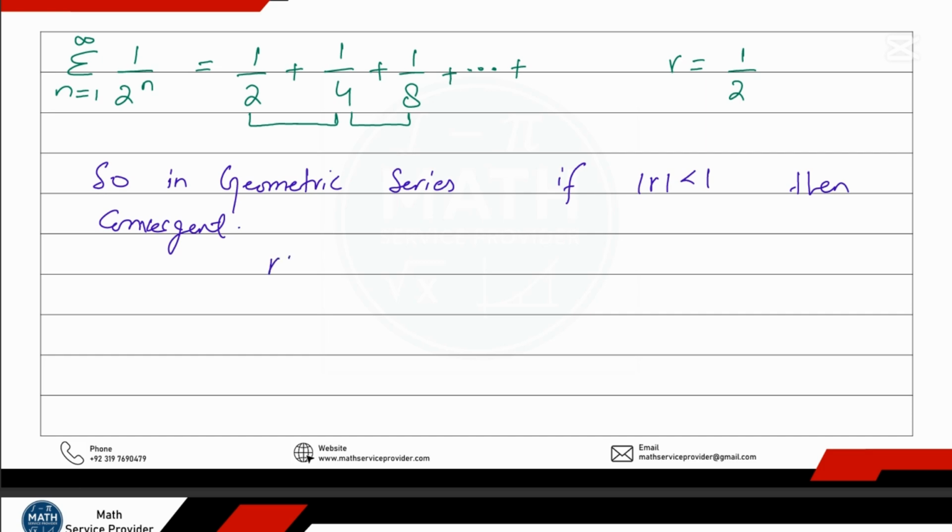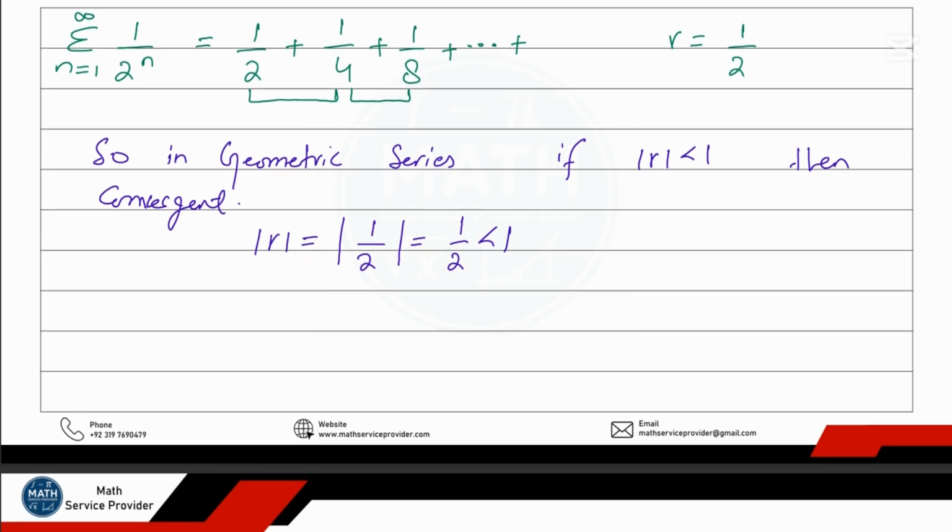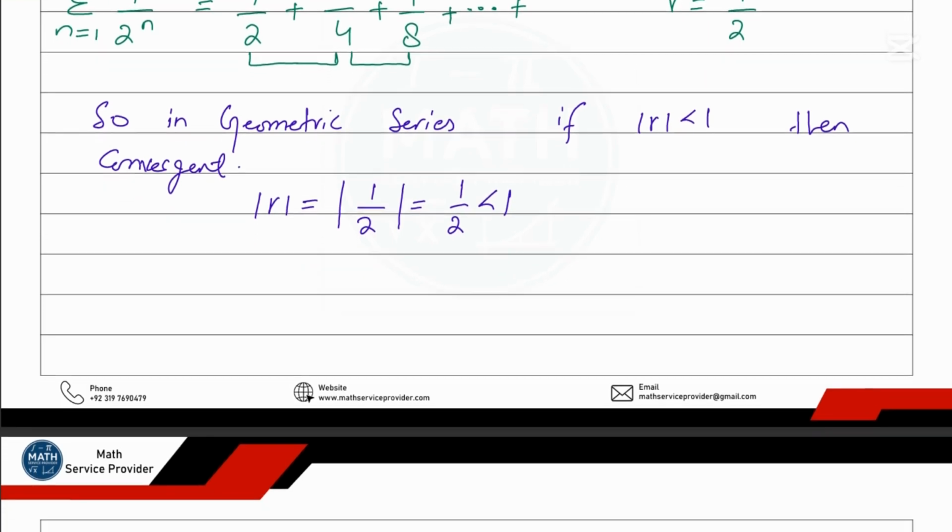The modulus of r is equal to 1 upon 2, so it is equal to 1 by 2, and this is less than 1. So in our case, our modulus is less than 1. So by using this property, we can say that our upper series is convergent.